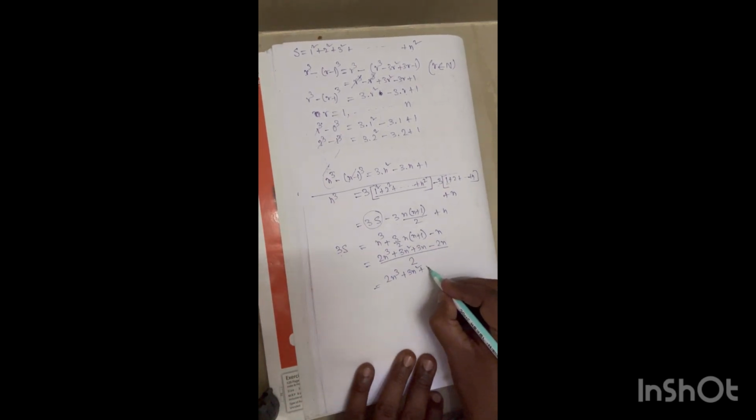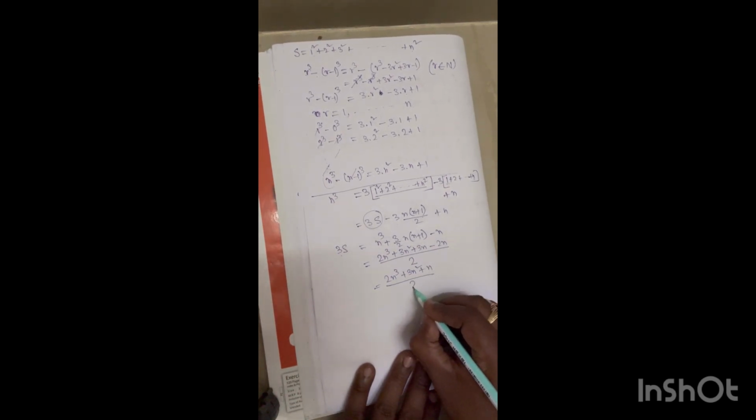You can see only in the denominator there is 2, so 2 can be taken as the LCM, and the thing will change like 2n cube plus 3 into n square plus 3 into n minus 2n. So ultimately 2n cube plus 3n square plus n by 2. So this is equal to 3s.